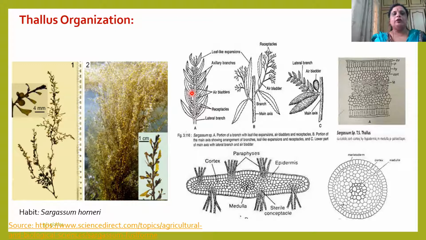The flotation is due to special structures called vesicles or air bladders. It is a macroscopic alga, a macro alga. It has a central axis, which we could compare to the stem of an angiosperm plant, and it produces branches. Here the branches are called laterals or lateral branches.